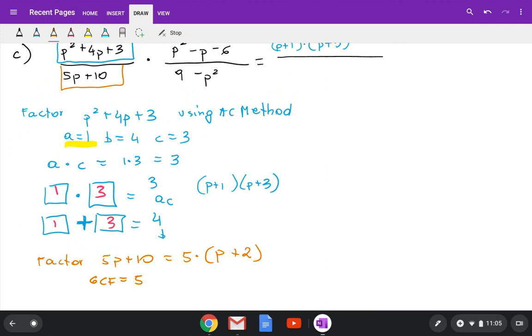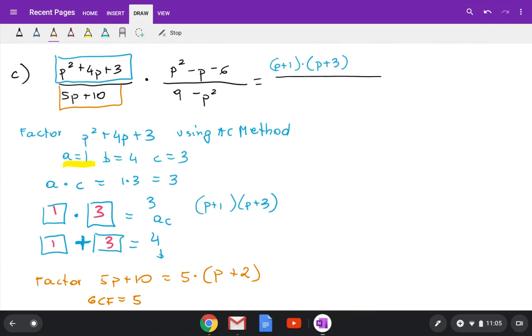So we'll go back, and we will rewrite 5p plus 10 as 5 times p plus 2. Just put that correctly, that p over there. P plus 1.